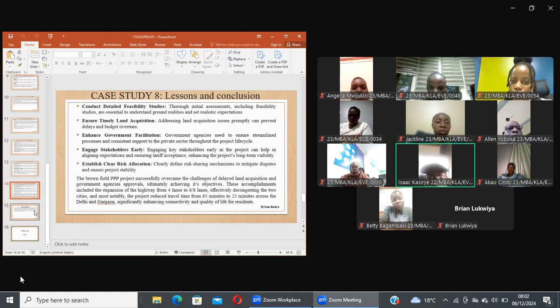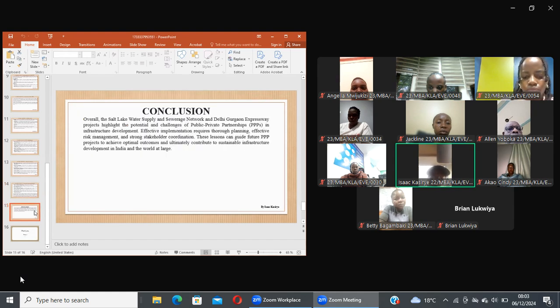It was also able to decongest the city, and lastly, was able to cut travel time from 25 minutes to 5 minutes.